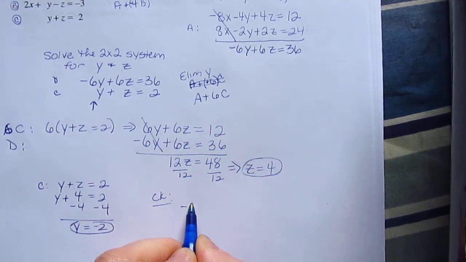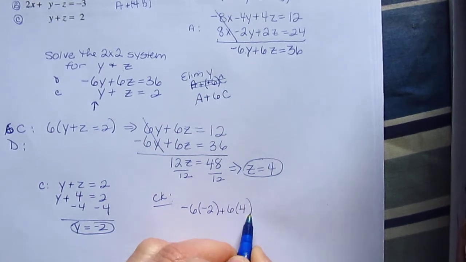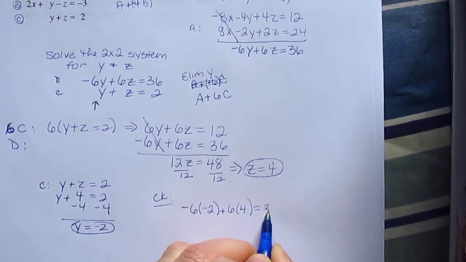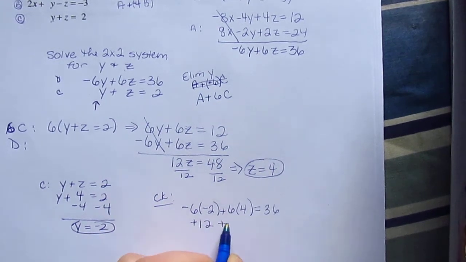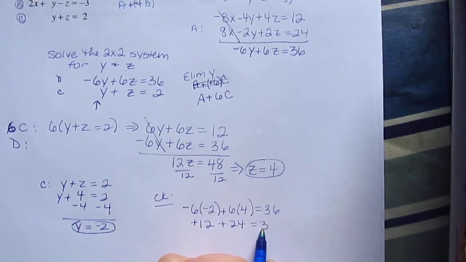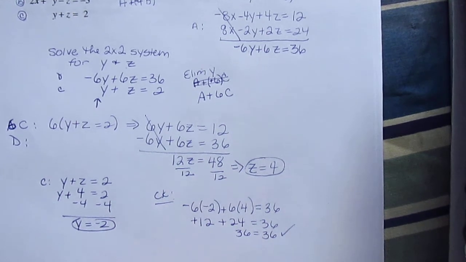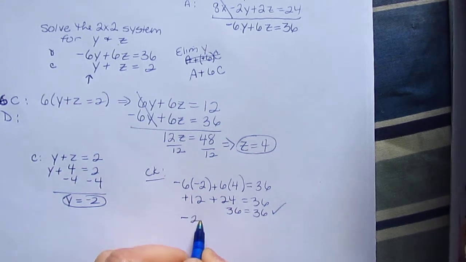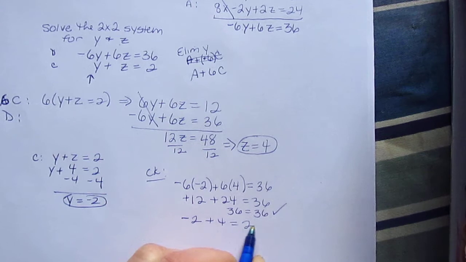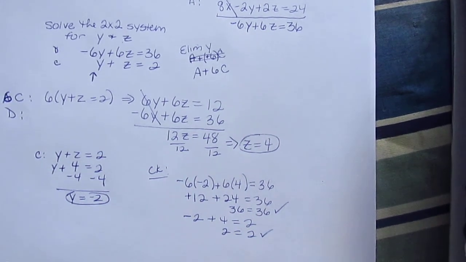In the first equation, -6 times -2 plus 6 times 4 equals 36. Positive 12 plus 24 equals 36. 36 equals 36. That was equation D, and I can quickly check equation C. -2 plus 4 equals 2. 2 equals 2.